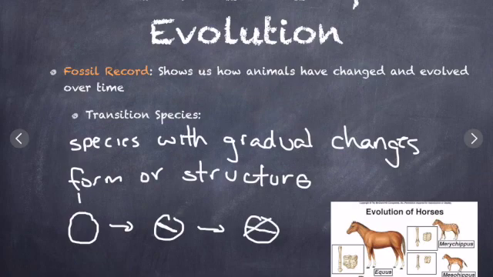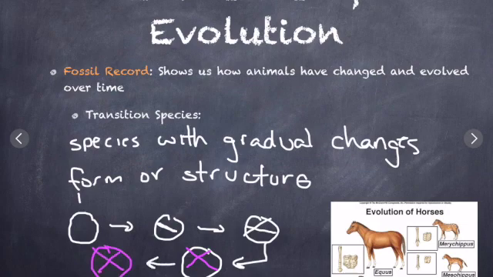Now it's still similar, but we're adding piece by piece. Going here, maybe the color is purple now. And then finally, we go to an all purple individual. So again, slight changes from number 1 to number 5, but each one has characteristics of its neighbors. That's what transition species are talking about.